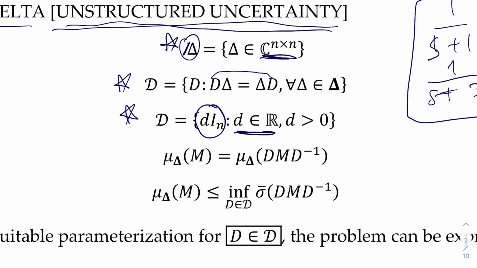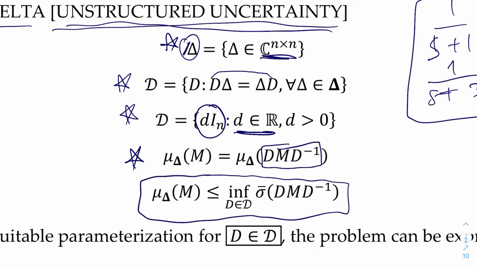In a way, we are just tuning one parameter, D. The set indicates the structure of the uncertainty, and this is the upper bound representation.